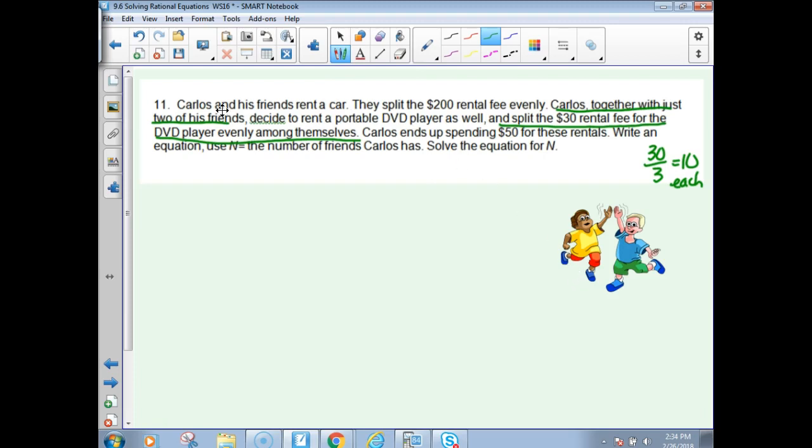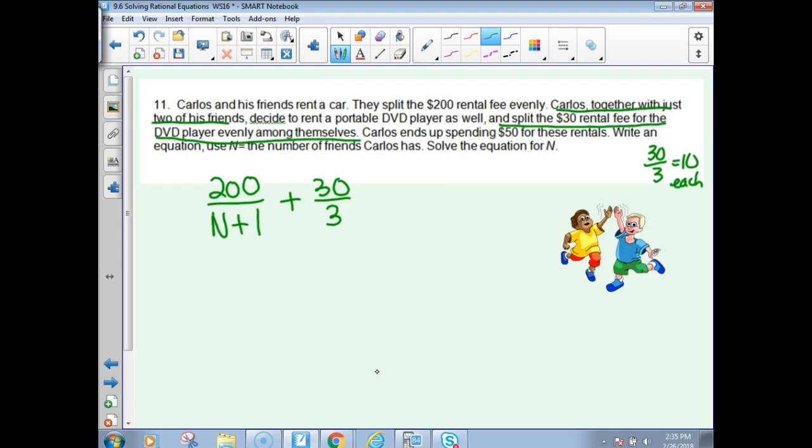Now Carlos and his friends are going to split that rental fee. So 200 divided by n. But wait a minute. n is the number of friends Carlos has. Doesn't Carlos have to pay too? So this isn't 200 divided by n. It's n plus 1, counting Carlos. Do you follow me? Now in the second fraction, we took 30 and divided it by 3 because it said Carlos plus 2 of his friends.